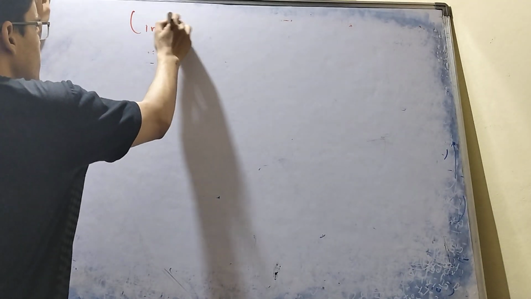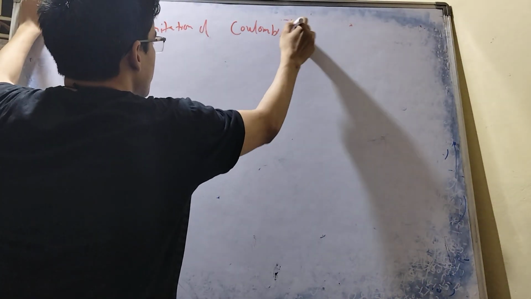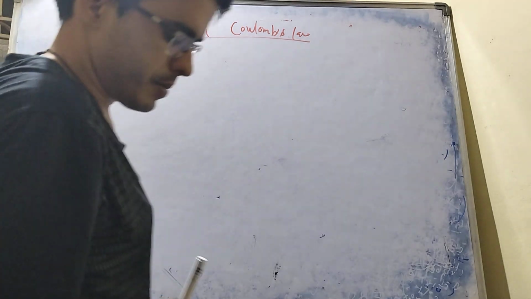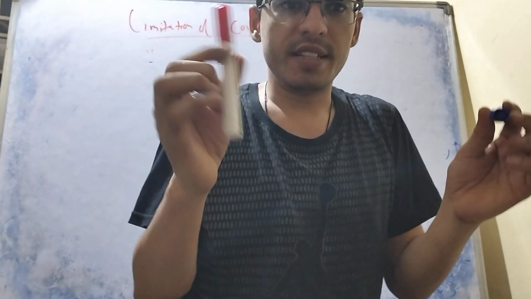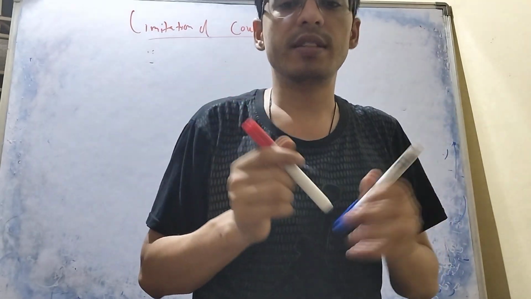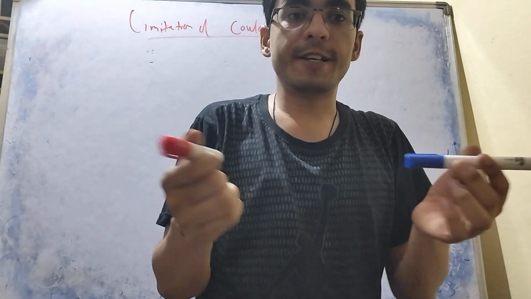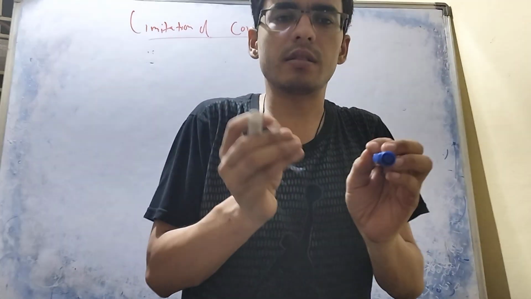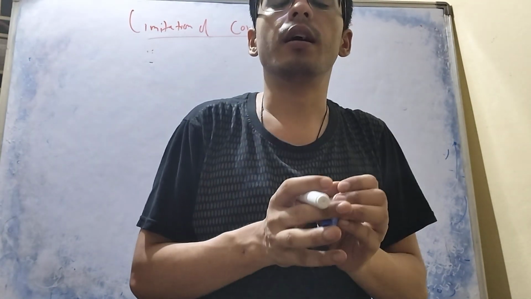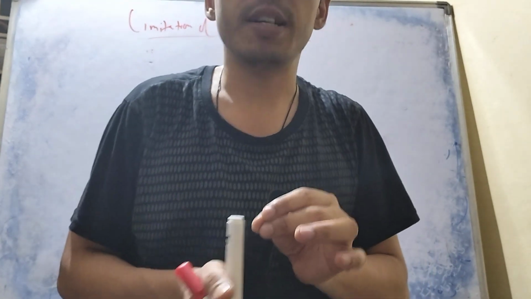See, simply I want to tell one thing. Limitation of Coulomb's law. See, suppose we have this Q1 charge, Q2 charge, assume point charges. So in case of point charges, Coulomb's law is applicable, right? But suppose these are extended charges, means rigid bodies. In this case, suppose both are present near to each other, means the distance is less. In that case, we cannot directly use Coulomb's law with Q1, Q2, because Q1, Q2 are not point charges, right?